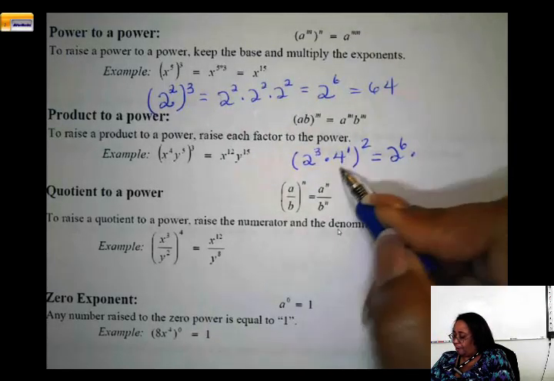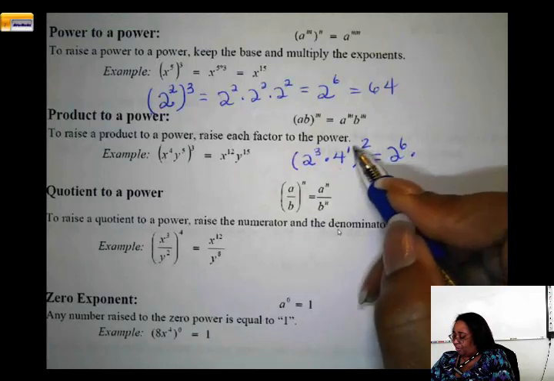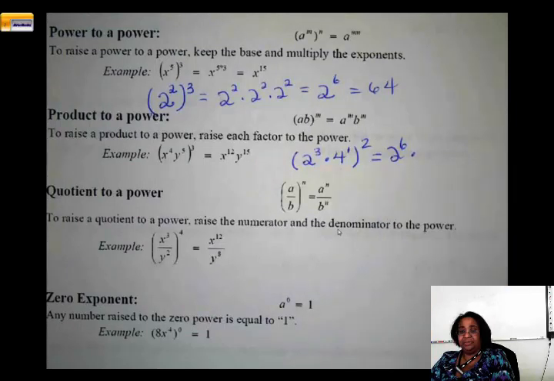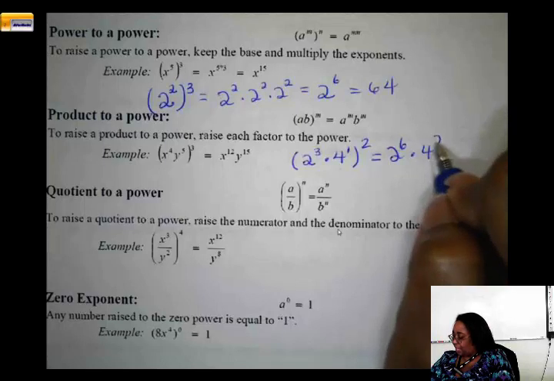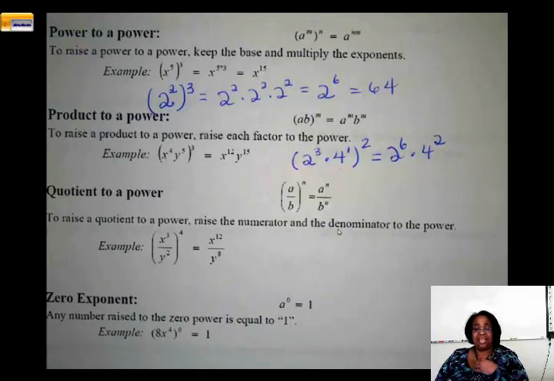And then 4 to the 1st power, what's 1 times 2? So it'll be 4 to the 2nd power. That's what they're saying: if you have more than one base inside of parentheses, and you're taking the entire thing to a power, for each one of those bases you have to apply the rule of multiplying that power number to the original exponent on the base.